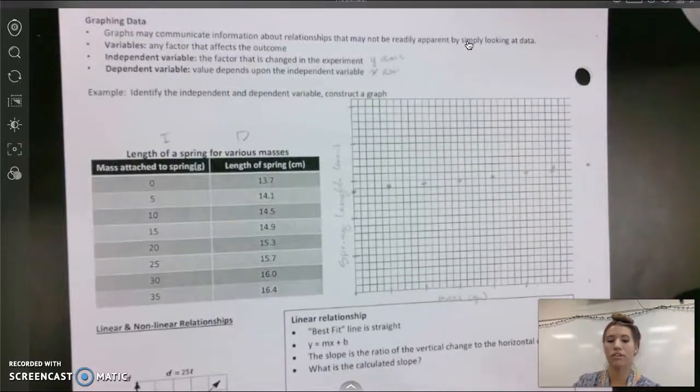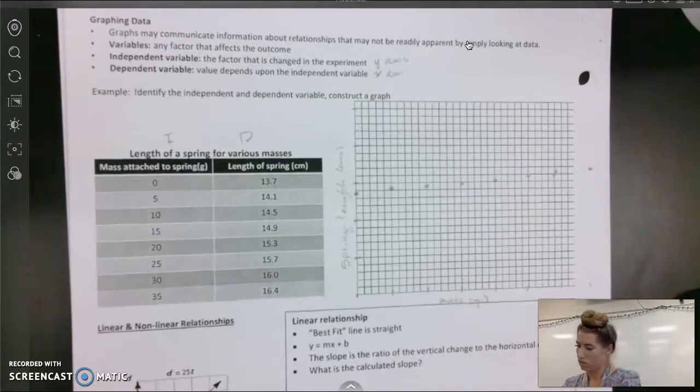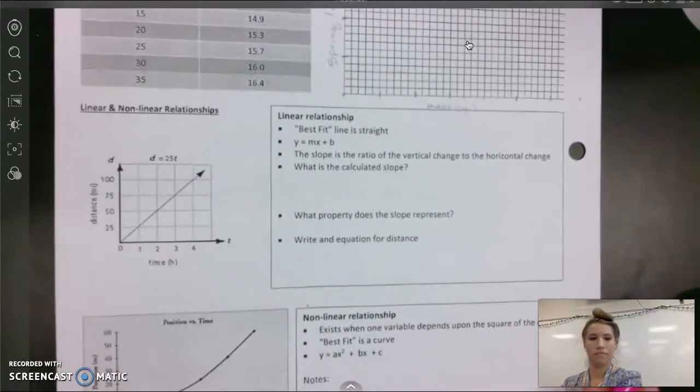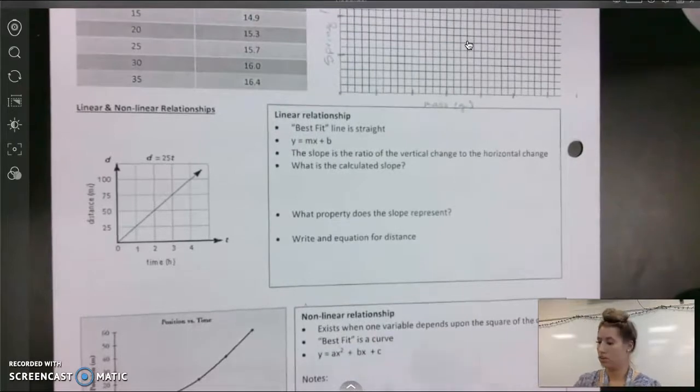And so we would call this a linear relationship. Okay, so in a linear relationship, that value can be expressed as y equals mx plus b.